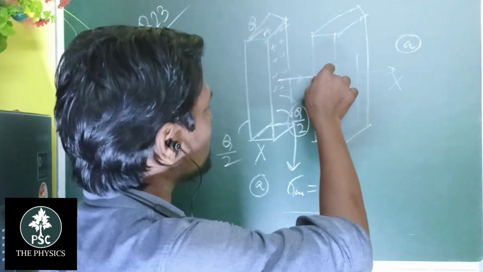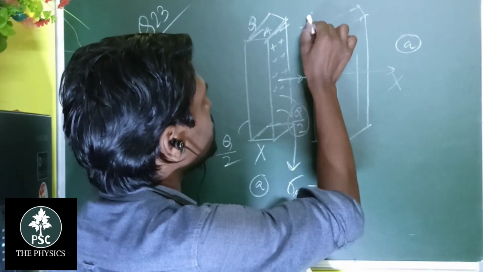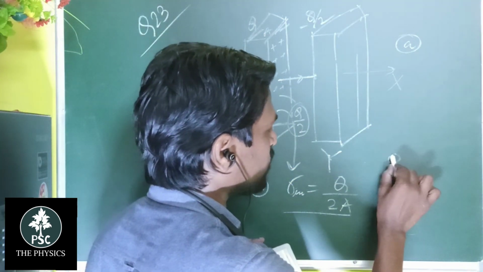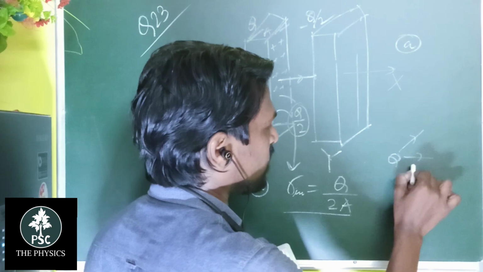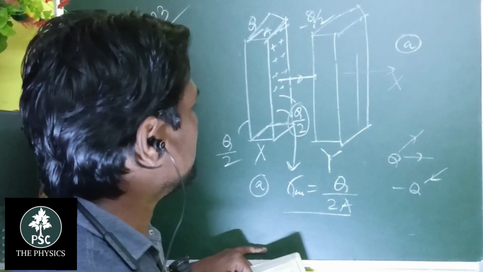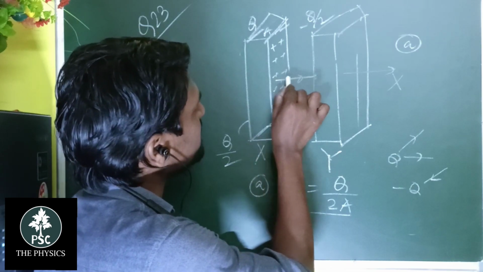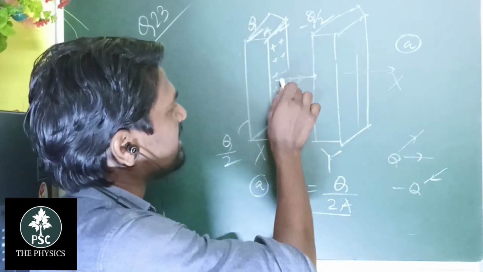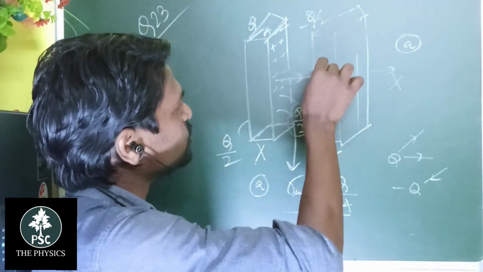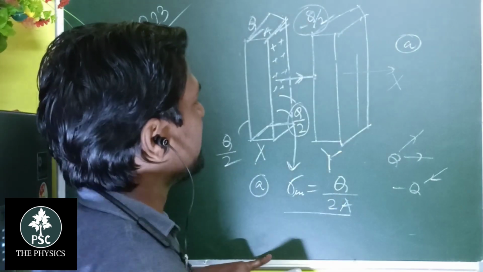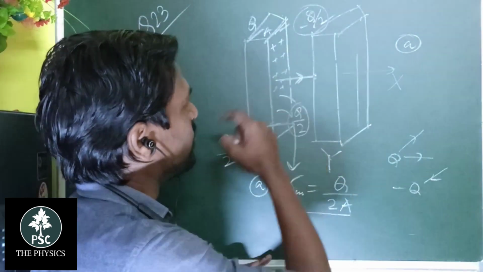So there must be a minus Q by 2 charge here, because we know that from plus charge the electric field originates, and on minus charge the electric field terminates. So the electric field originates from the inner side of this plate and terminates at that point. So there must be a negative charge of that amount, minus Q by 2, at that point.